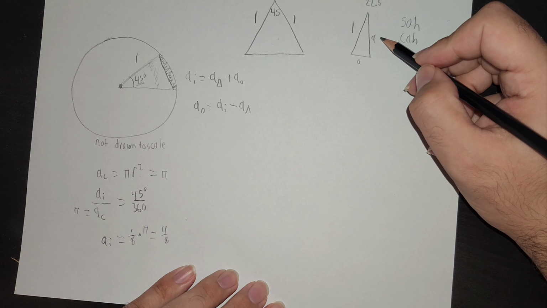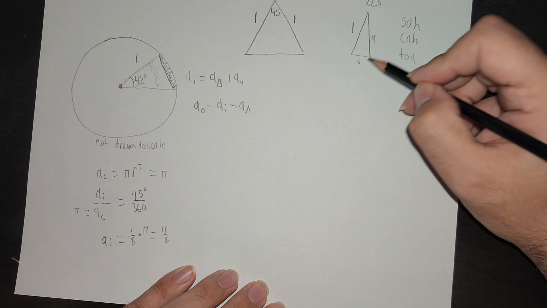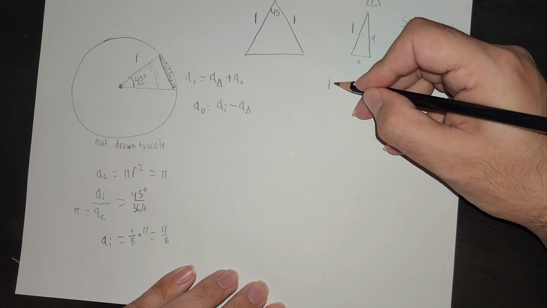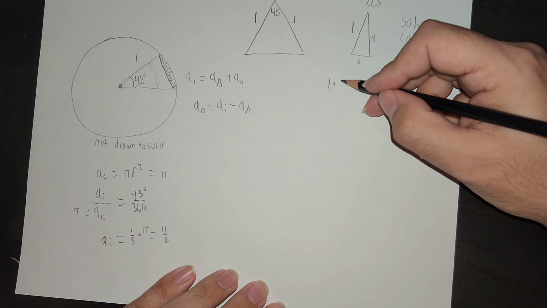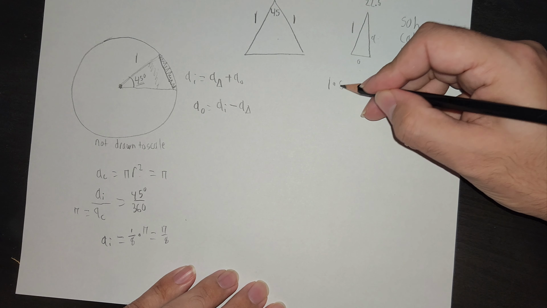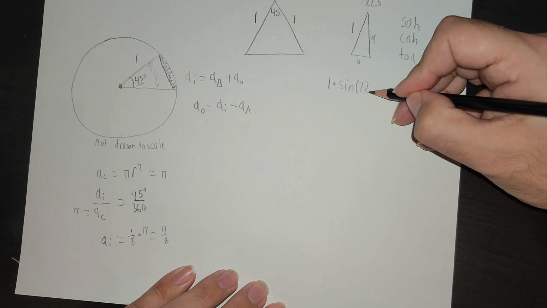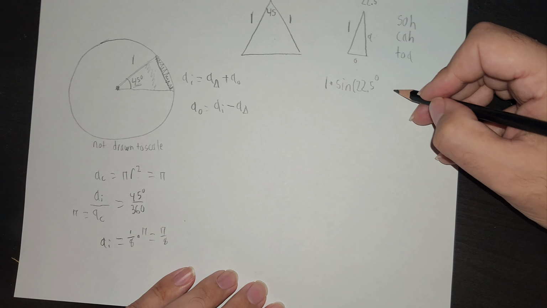So rather than just find these explicitly, we can just say the area of this triangle is equal to... don't forget degrees.